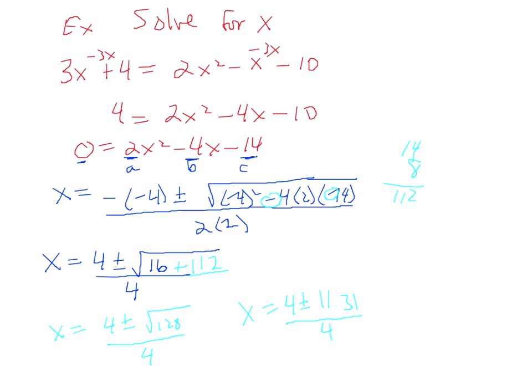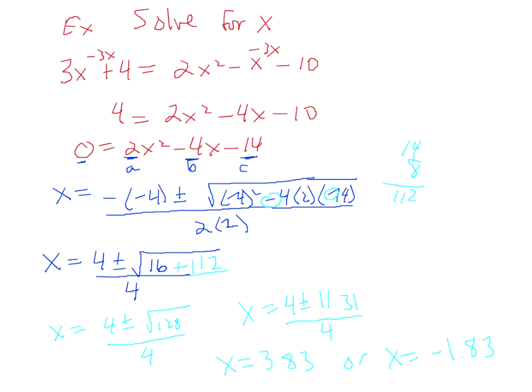And so that would mean 15.31 divided by 4. So x would equal 3.83, let's say. Or x would equal 4 minus 11.31, and then divided by 4, which gives me negative 1.83.